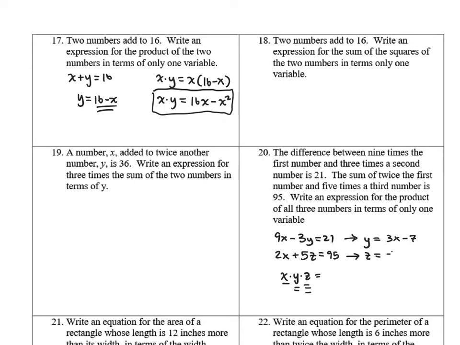That would give me negative 2x over 5, and that would be plus 19. Okay, so now the product of the three numbers would be x times whatever y equals times whatever z equals. And now the product of the three numbers can be written in terms of x only.